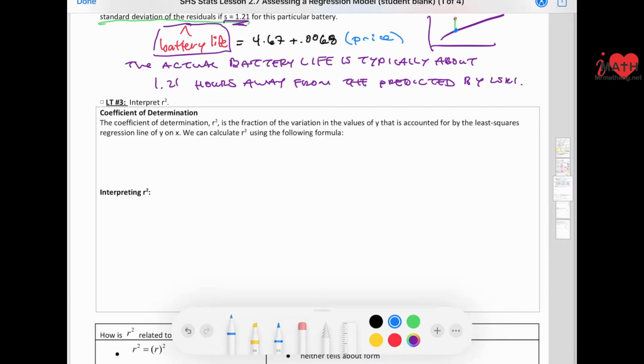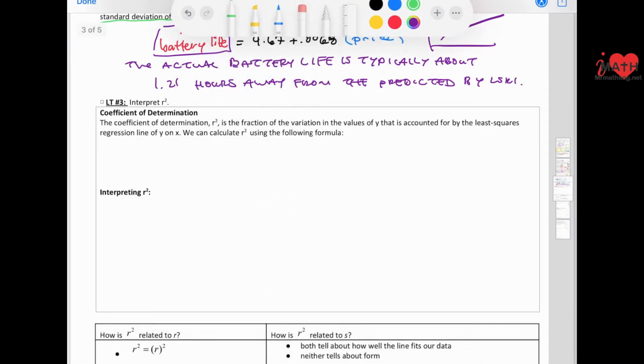Learning target number 3 is interpret R squared. So yes, we'll go back to R. We've seen that letter before. The coefficient of determination, R squared, is the fraction of the variation in the values of y that is accounted for by the least squares regression line of y on x. We can calculate r squared using the formula.